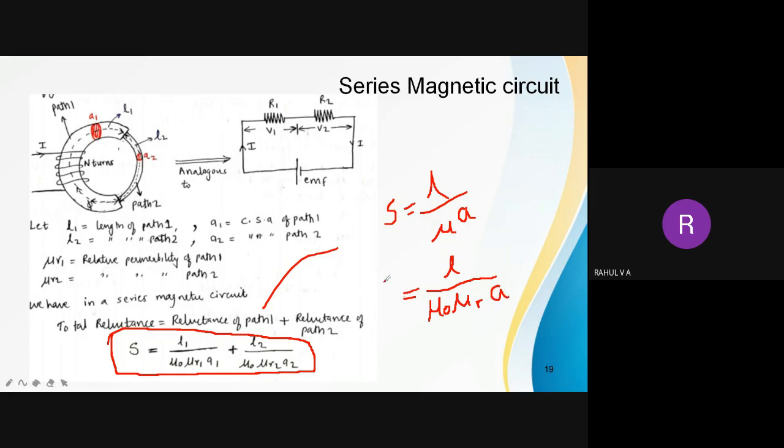So for the first path, you can write S1 equals L1 divided by mu 0 mu R1 A1. Then for the second path, S2 equals L2 divided by mu 0 mu R2 A2. So the total reluctance in this particular magnetic circuit is equal to L1 divided by mu 0 mu R1 A1 plus L2 divided by mu 0 mu R2 A2.